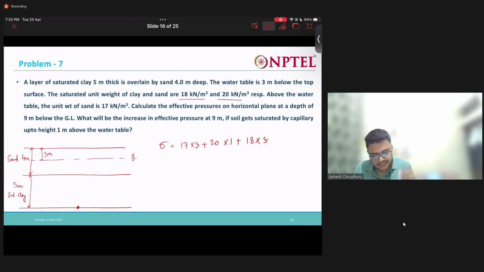For clay it's 18, sand saturated is 20. Right? So 3 into 17, 20 into 1, 18 into 5, correct. So summing it up, it's 161.